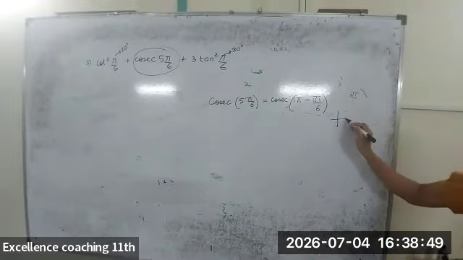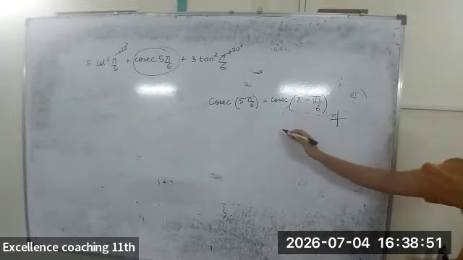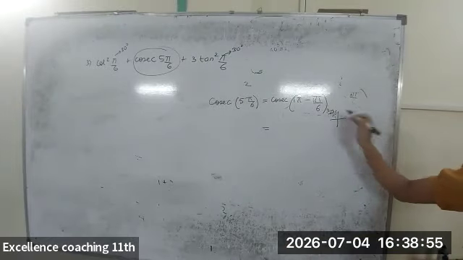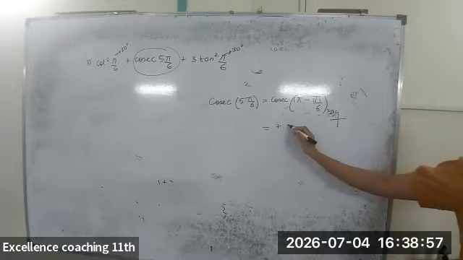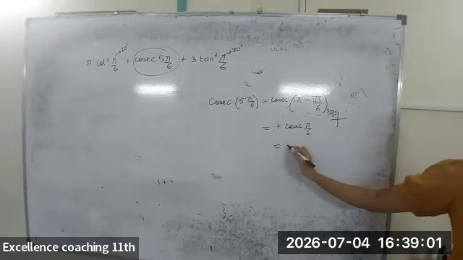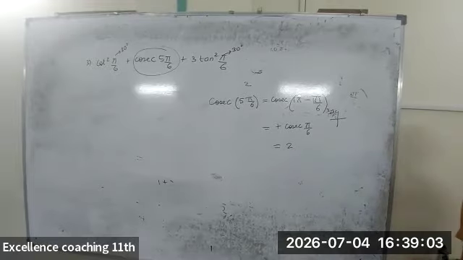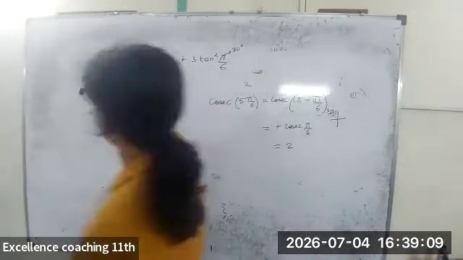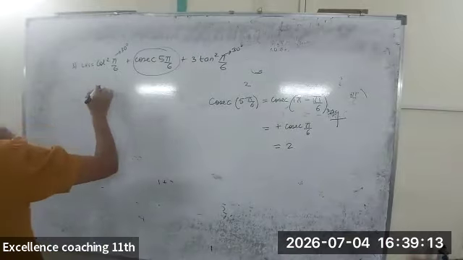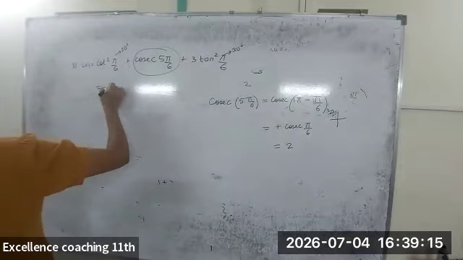And this is what? Second quadrant. And in the second quadrant, sine and cosec are positive. Then just put the values back and get the answer. Cot square, so 30.